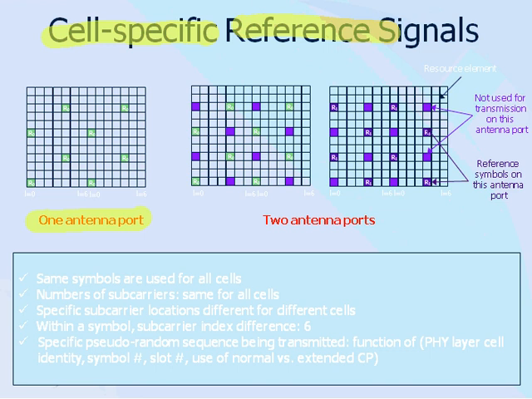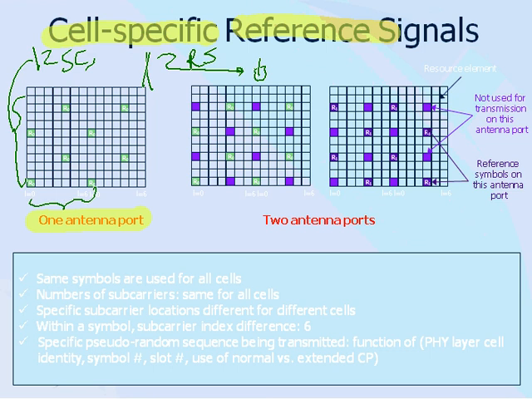So let's say I have one antenna, and the base station is sending out the reference signal from some antenna. Now, we do not send the reference signal all the time or on all the subcarriers because we want to minimize overhead. So let's say I have one resource block, 12 subcarriers, and this is my slot, a half millisecond slot, and of course we will have 7 symbols inside that slot.